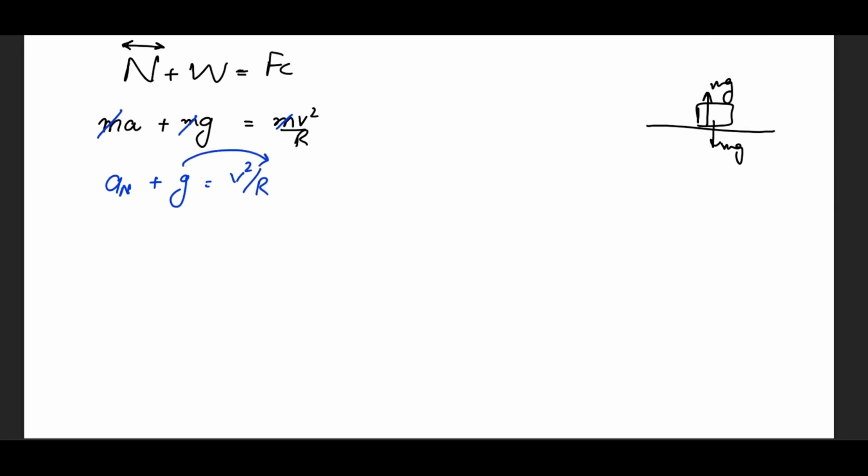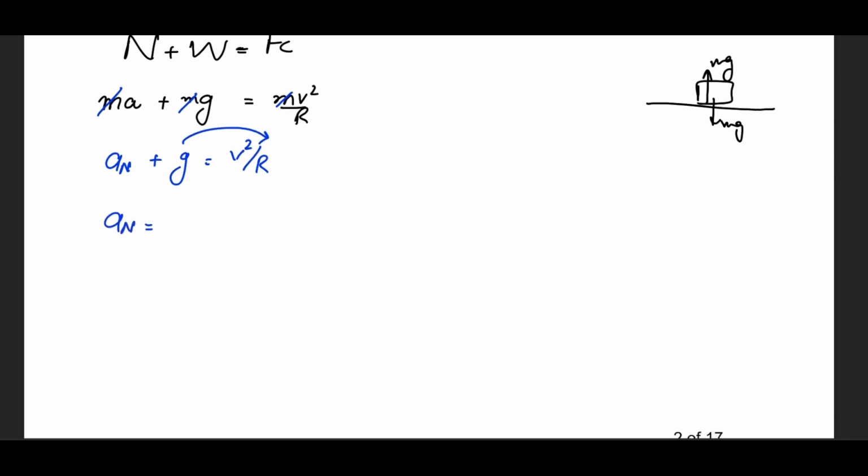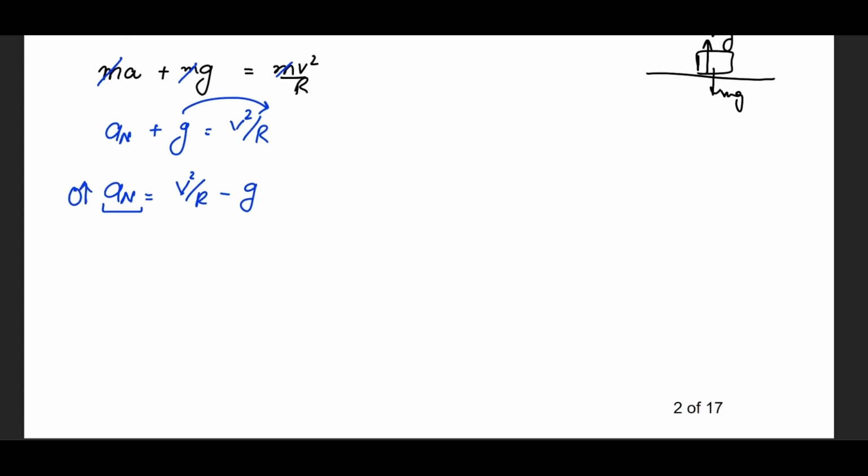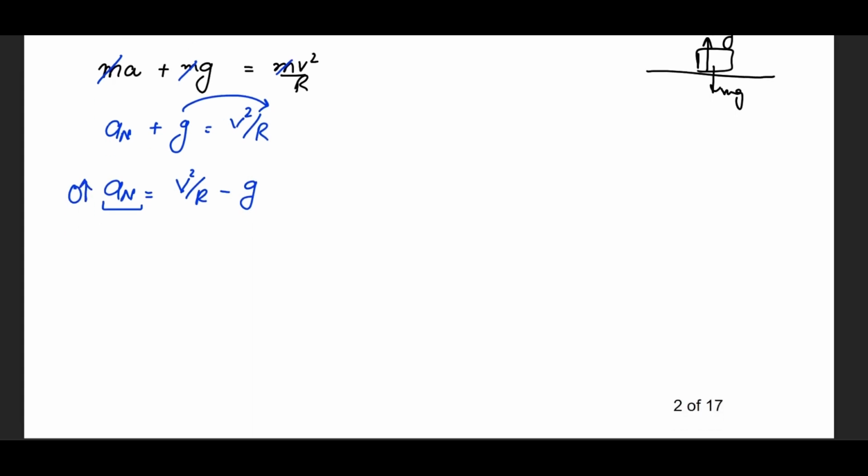Let's take this over there, and we realize that the acceleration by normal reaction is equal to the centripetal acceleration minus the gravitational acceleration. If we want this number to be at least 0 or greater than 0, then this equation is supposed to go something like this: v square over r minus g.